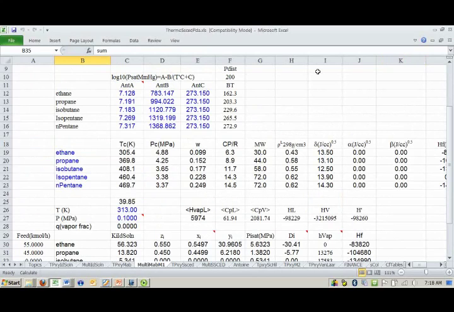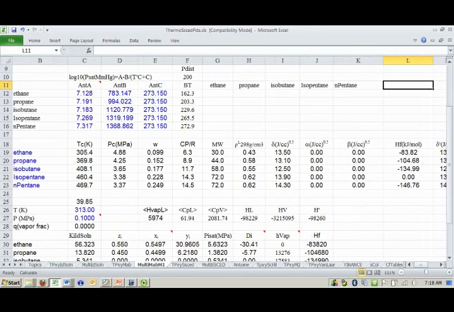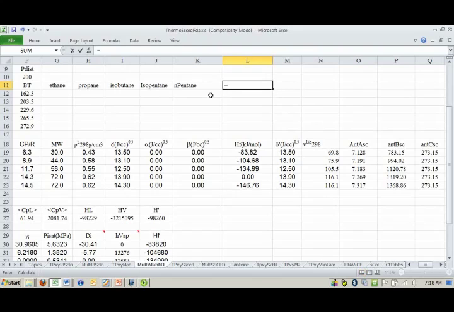But I'm going to create a space so that you can change those and not wipe out all the things that you've typed in for the prediction.